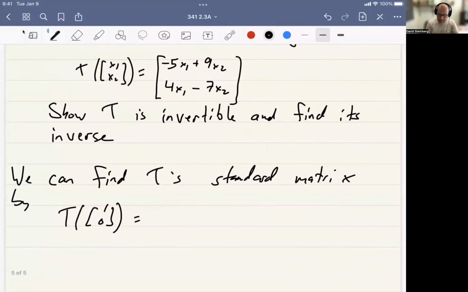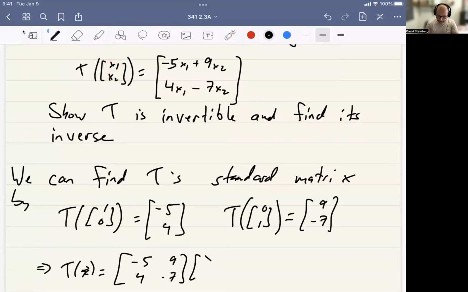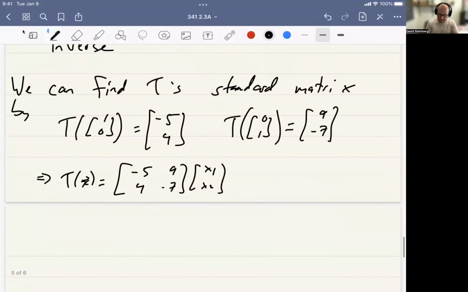So if we sub in 1 for x1 and 0 for x2, we just get back -5, 4. T of 0, 1 is going to give us back 9, -7. So this implies that T of x is equal to the matrix -5, 9, 4, -7 times x1, x2.